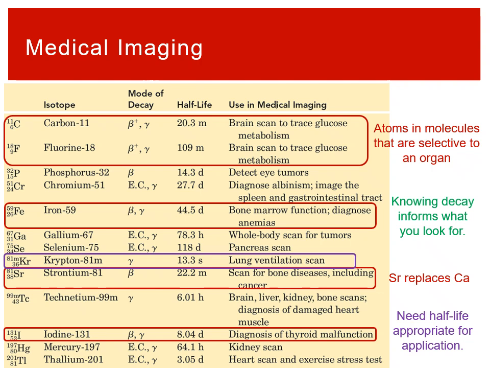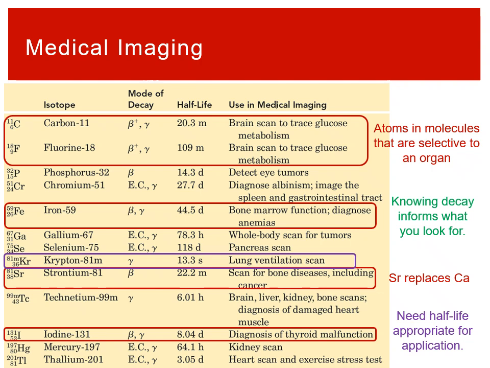You will note there is one here, krypton-81m, that has a 13.3 second half-life. This is really short, much shorter than everything else, and this is used for lung ventilation scans, right? Krypton is a noble gas, so one, you have to use a gas if you want to see the ventilation of the lung, where is air accessible inside your lung, and two, when you inhale, that's not a very long amount of time.